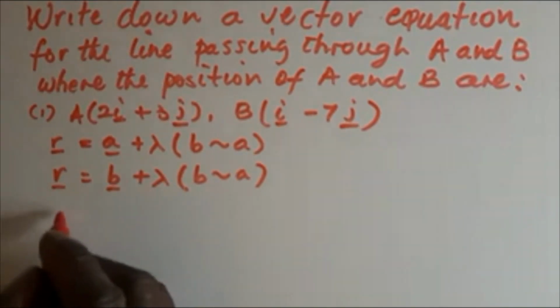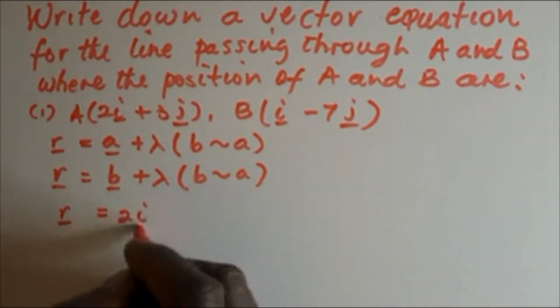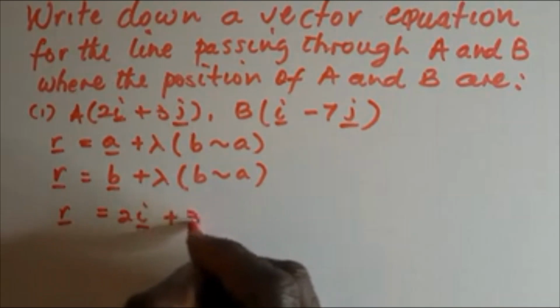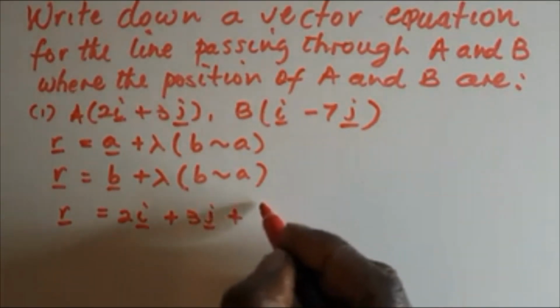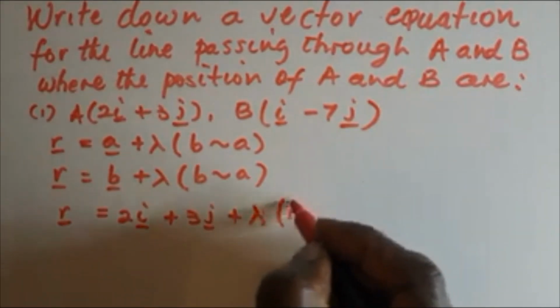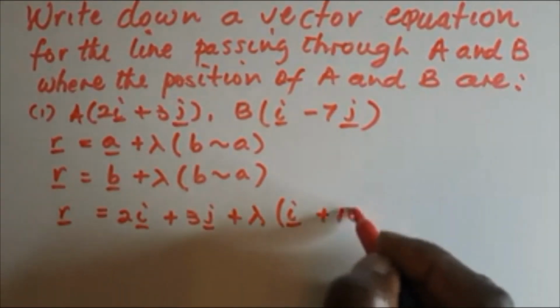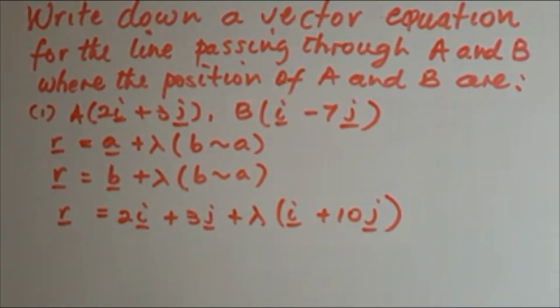Now the first is r = 2i + 3j + λ(i + 10j). I'll do this one for you.